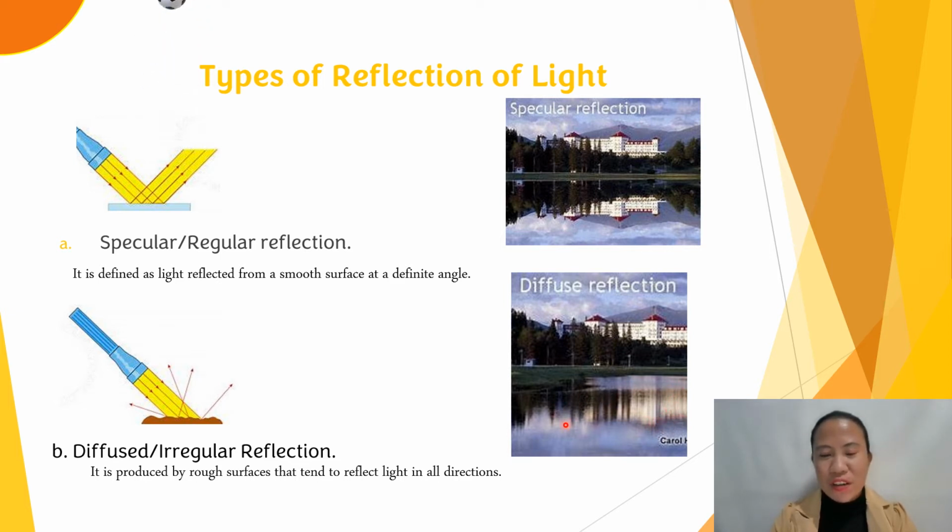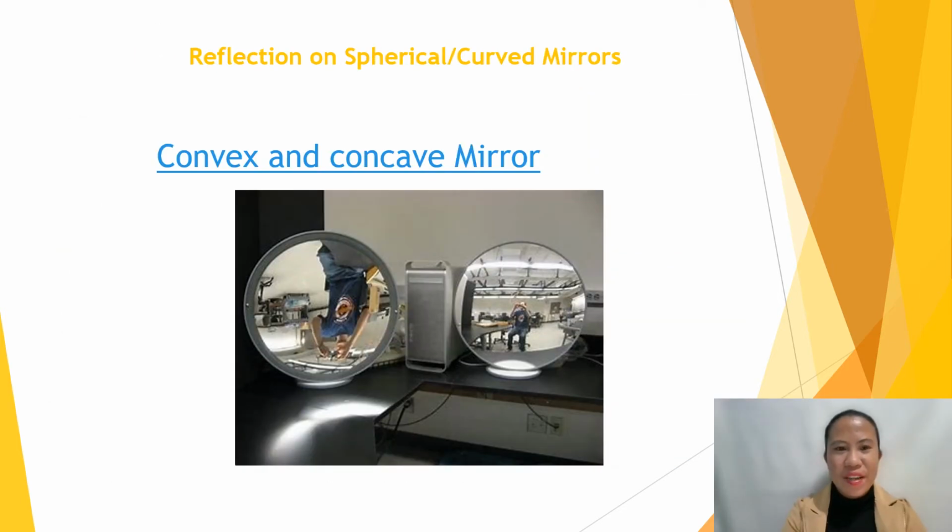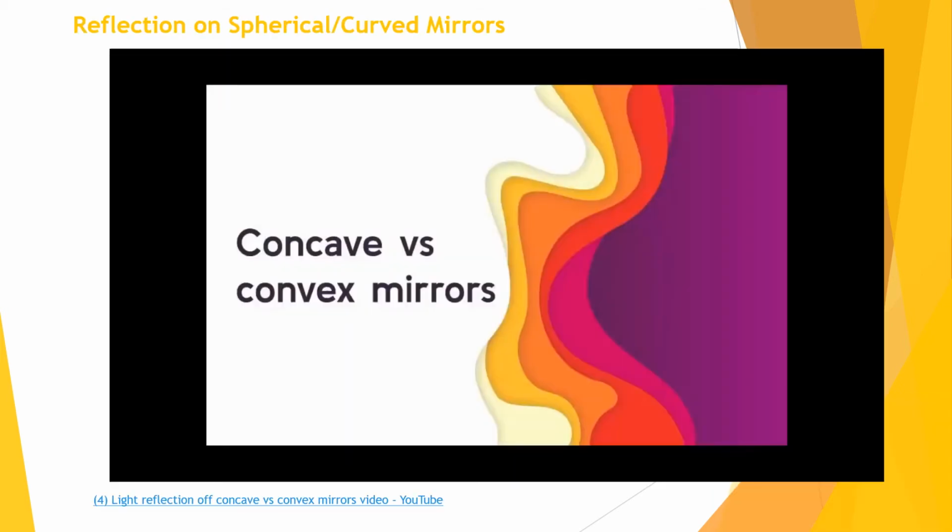So the image of the mountain, buildings, and trees is not very clear, because the light that is reflected scatters in all directions. Now, let's have a demonstration about convex and concave mirrors. Okay, let's see the differences between the two spherical or curved mirrors.